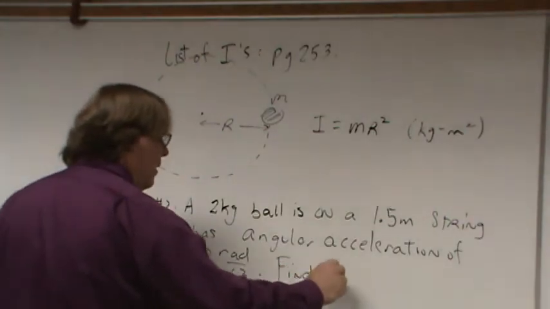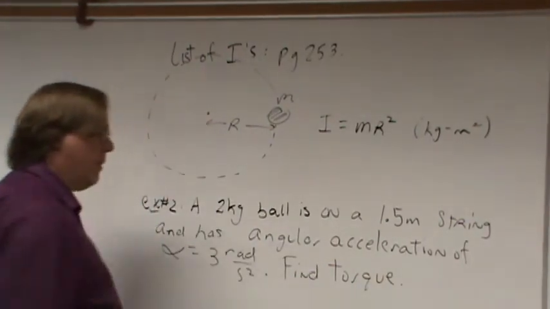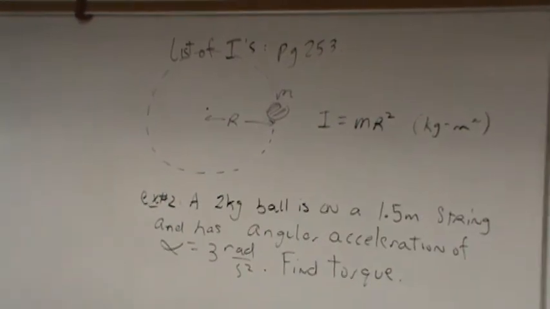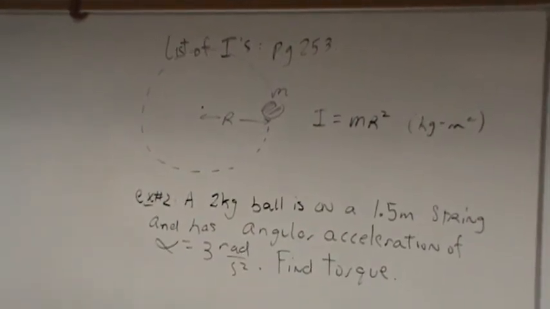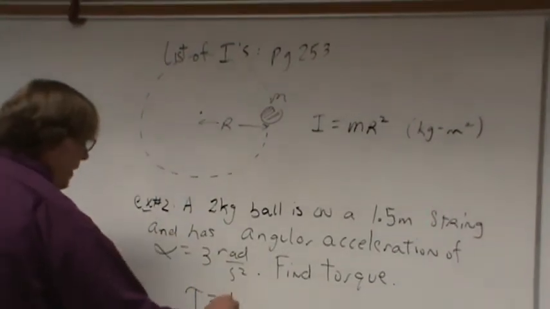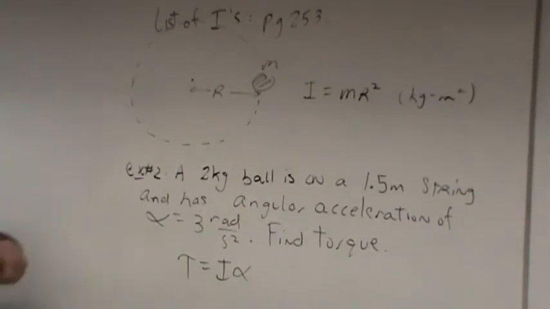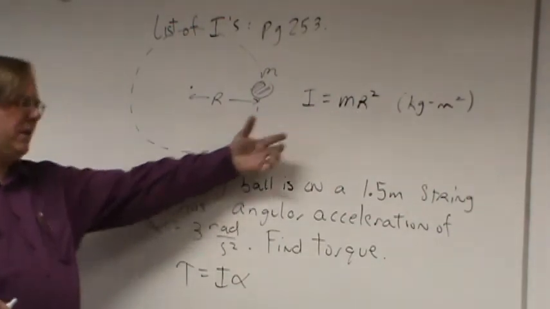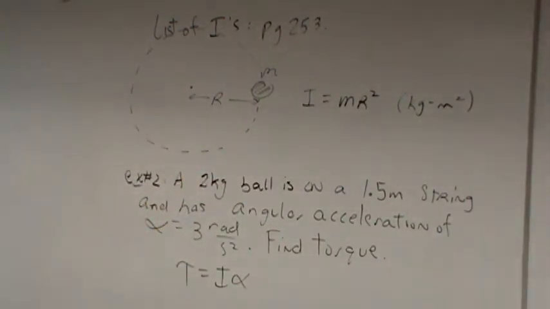Find the torque. How much torque must be being exerted on this system so that it can have that angular acceleration? And I'll give you a hint. Please use the formula torque equals I alpha. And for I, please use this because that's what I'm describing. Good luck.